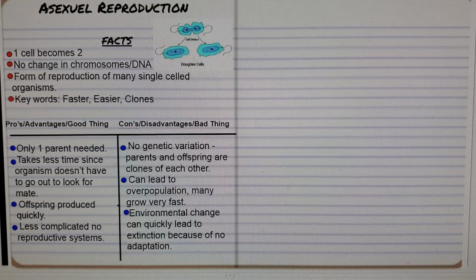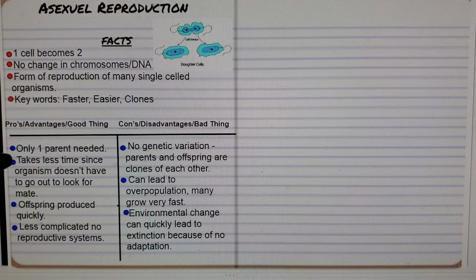So again, in asexual reproduction, there are definitely some advantages. Like you only need one parent. You don't have to be out there looking for a girlfriend or a boyfriend. You can just say, hey, I'm going to divide and make more of myself. So you can produce your offspring really quickly, and it's less complicated.